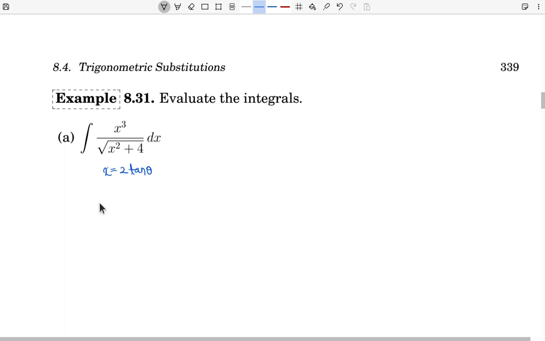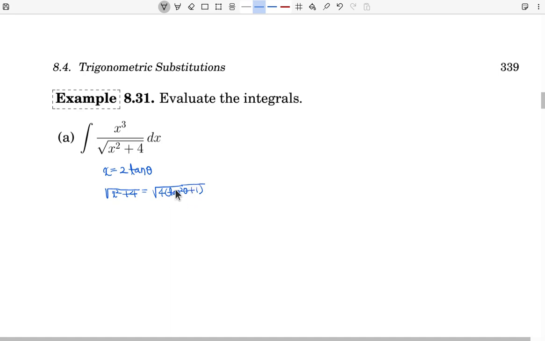Along with this, the square root of x squared plus 4 must be the square root of 4 tangent squared theta plus 4, so that is the square root of 4 times tangent squared theta plus 1, right?